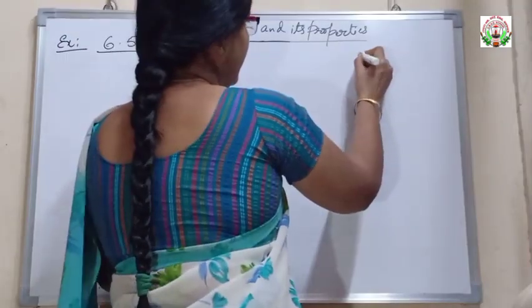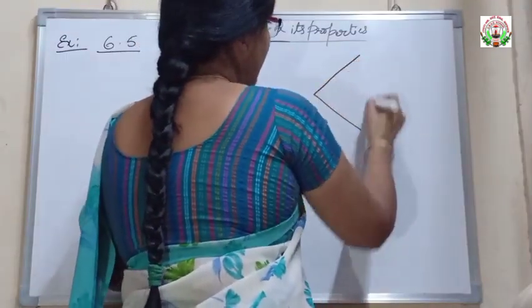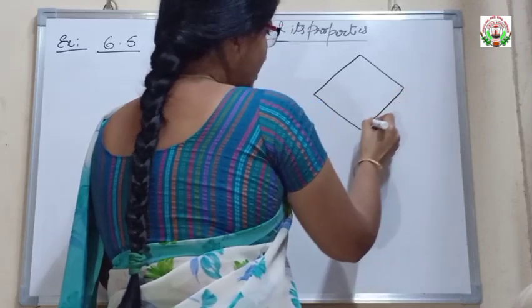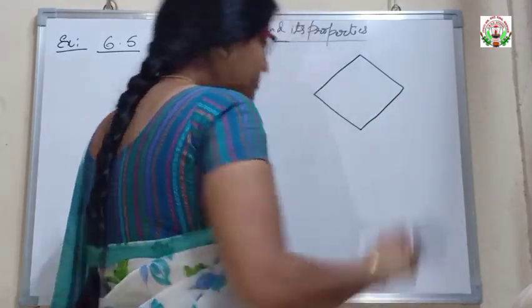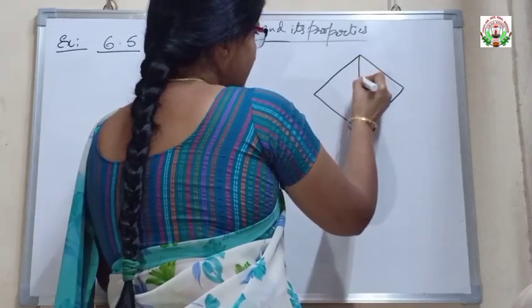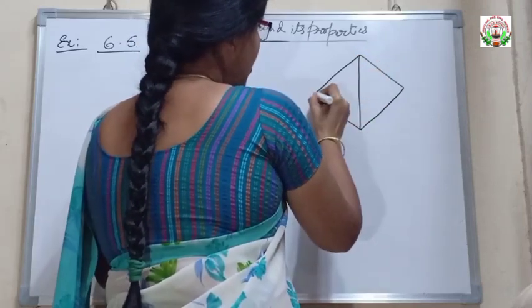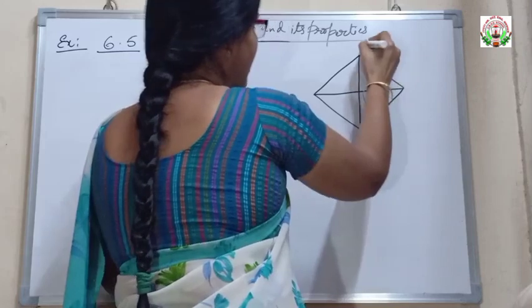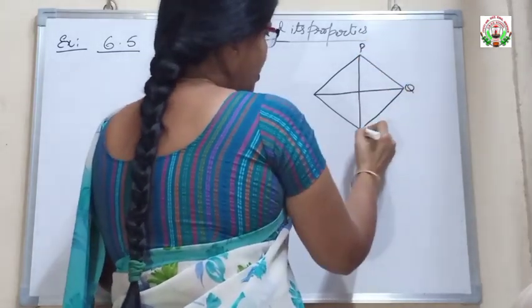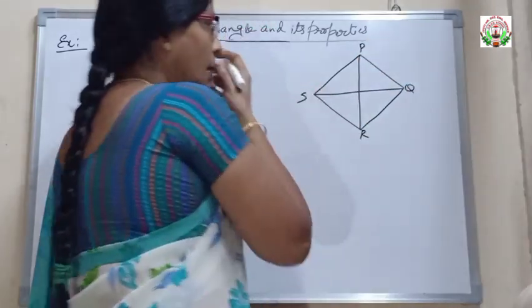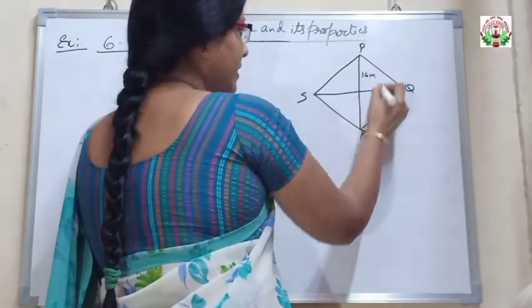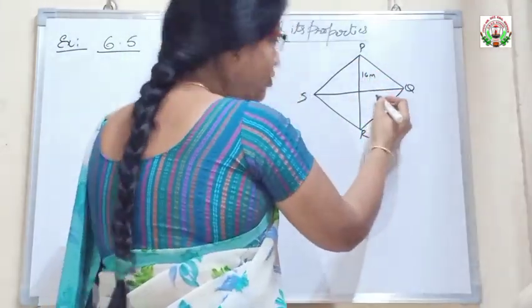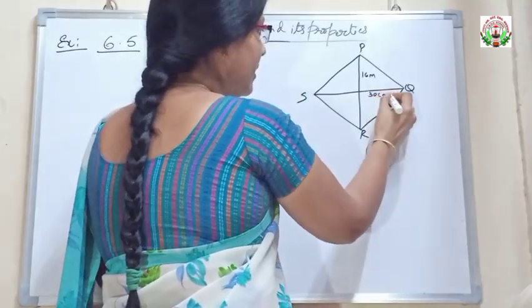Rhombus. The diagonals of a rhombus measure, 2 diagonals they have given, P, Q, R, S. One diagonal is of 16 centimeters and another diagonal is of 30 centimeters.